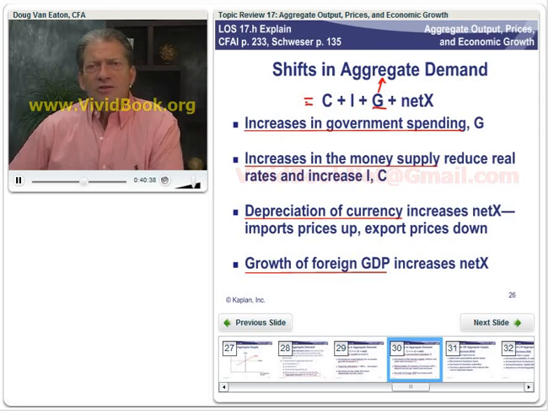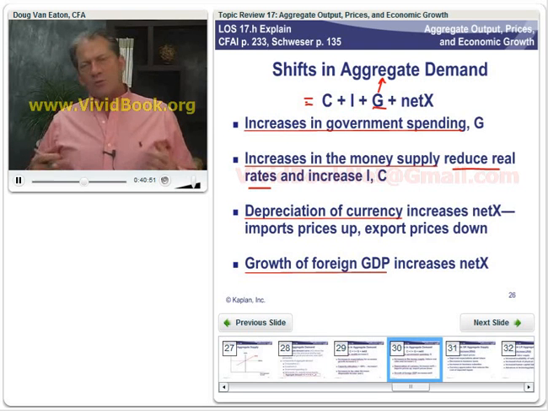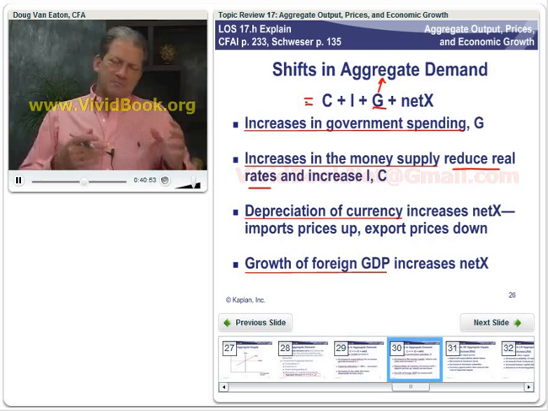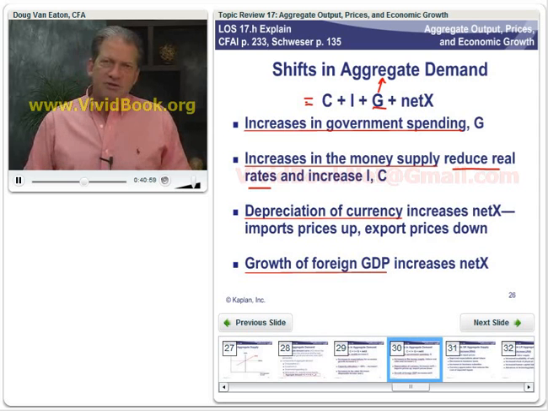What about increases in the money supply? Well, increases in the money supply, holding prices constant, tend to reduce equilibrium real interest rates, and that's going to increase business spending, right? If I can borrow money more cheaply, there's more projects for expansion that look profitable. So business investment spending increases. What about consumer spending?